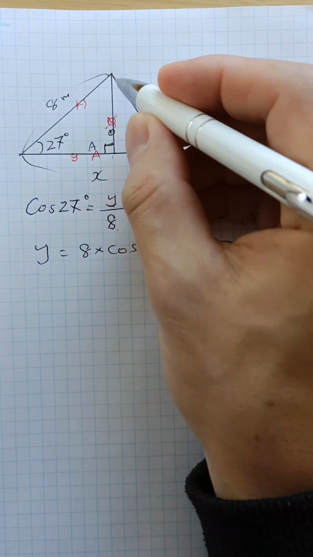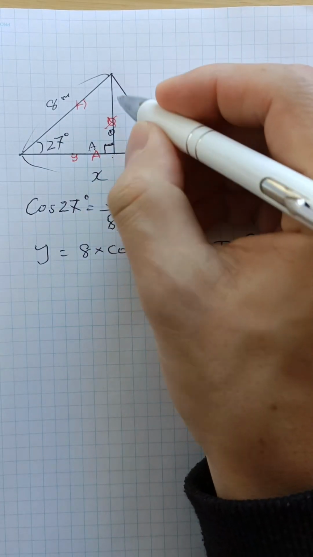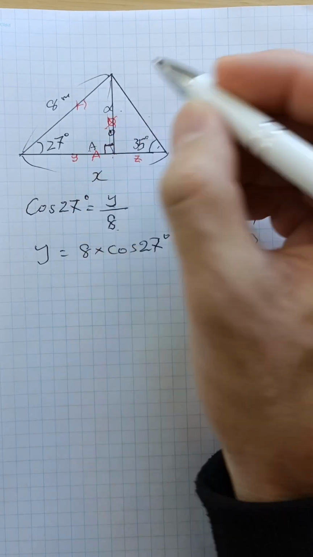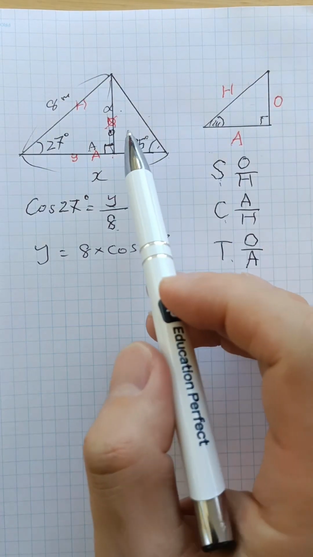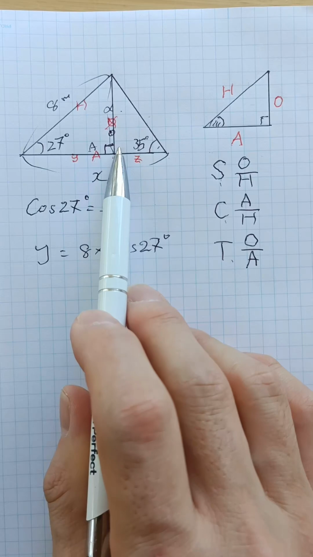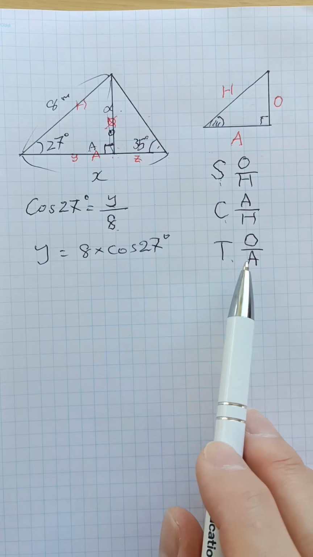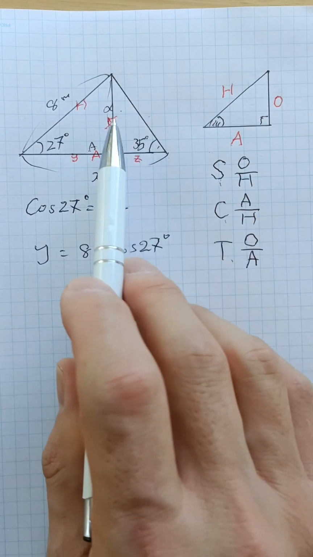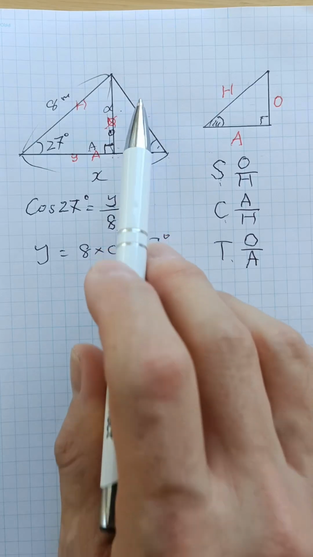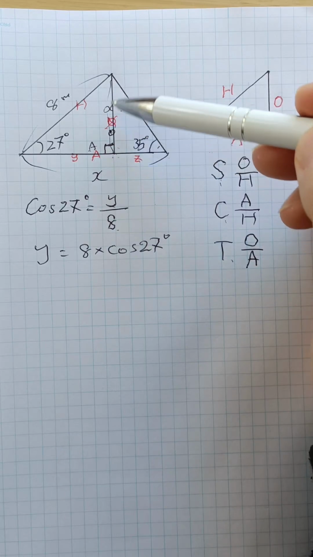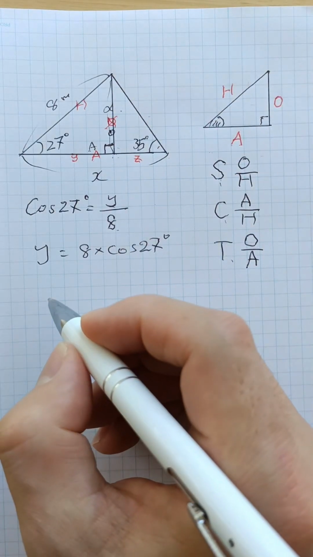Let's call this length alpha, okay. If you manage to figure out this length, then you can figure out this other length using TOA, isn't it? Because this one is O, this one is A, this one is H, okay? So we need to focus on finding this length using SOHCAHTOA.